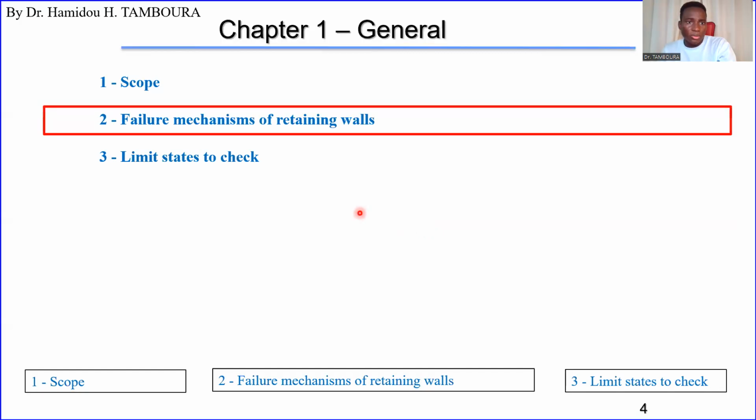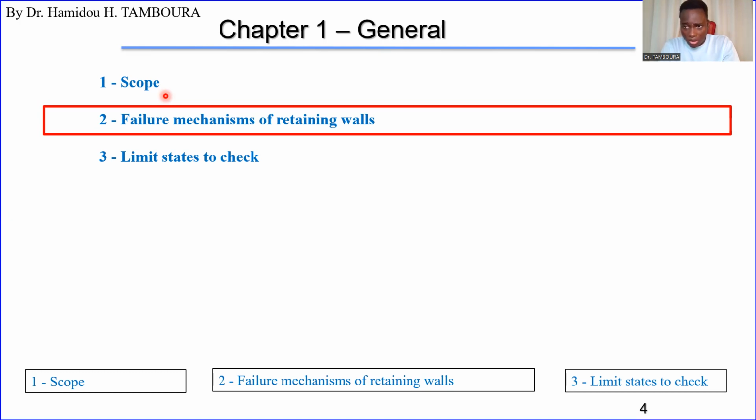So, chapter 1, general. Previously we talked about the first point: what type of retaining structures are concerned in this class, in this design.